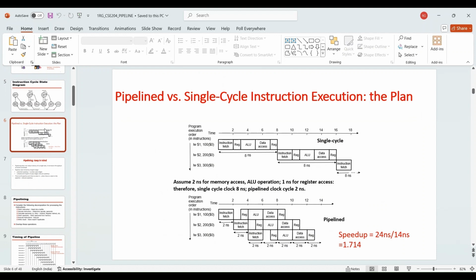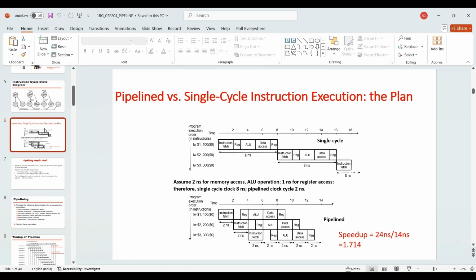In this picture, the top picture is showing if pipelining is not implemented, and the entire instruction is getting executed in the CPU, and then only the second instruction is starting, then let's see how much time it will take. Now each instruction is shown divided into four stages, and instruction fetch is taking 2 nanoseconds of time, register read is taking 1 nanosecond, ALU is taking 2.